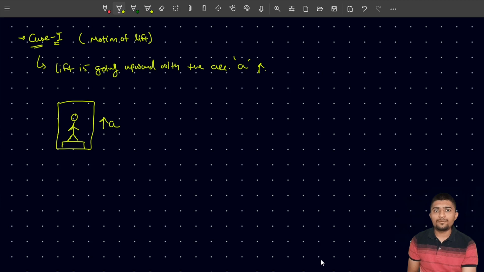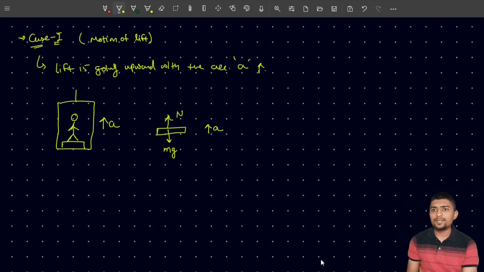Now, when we look at the weighing scale reading, the weighing scale has a free body diagram something like this. The person will have mg pressing it downwards, and the normal force is offered by the surface, in the opposite direction of mg, and the whole system is having the acceleration a upward.